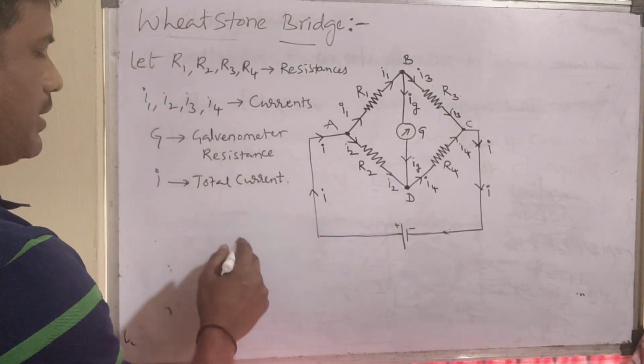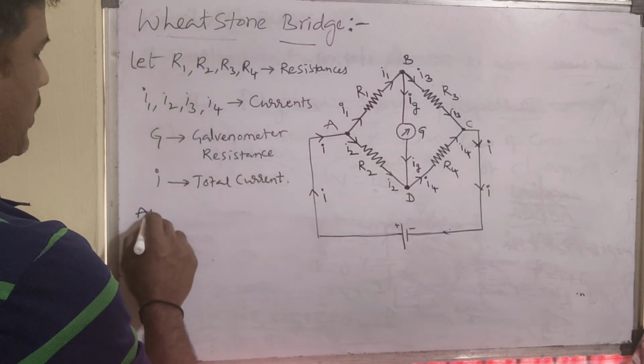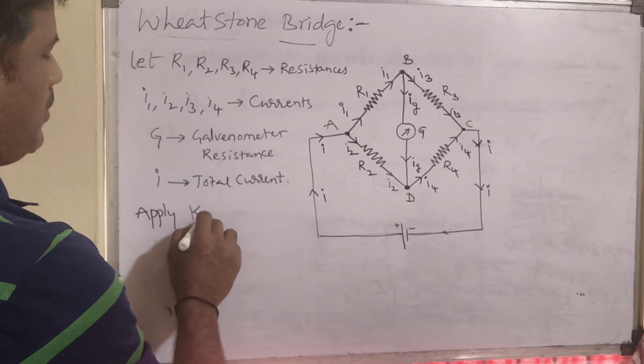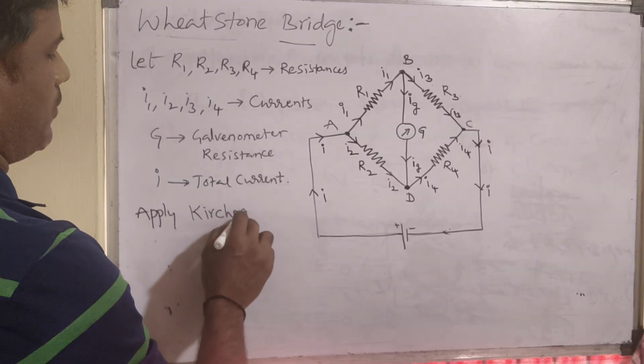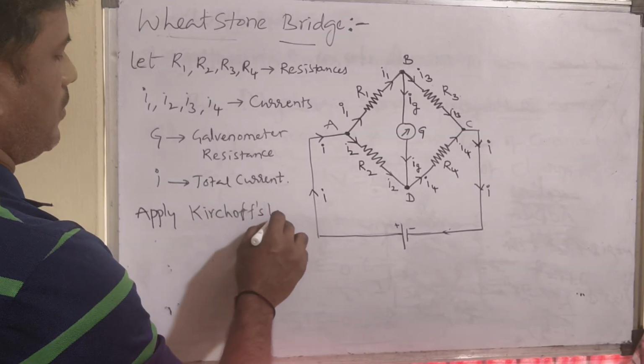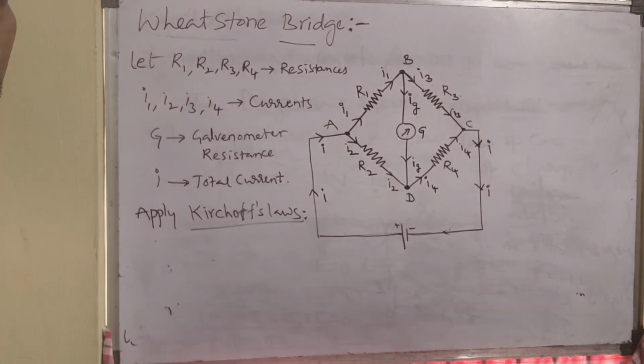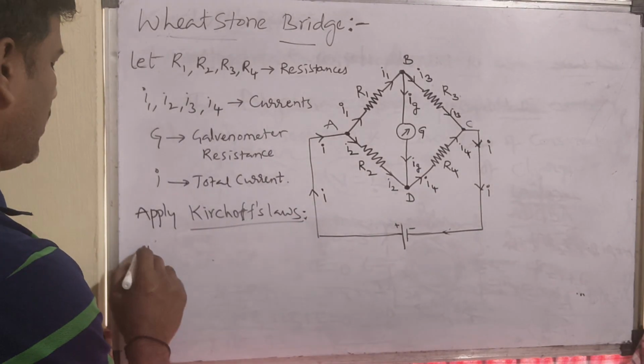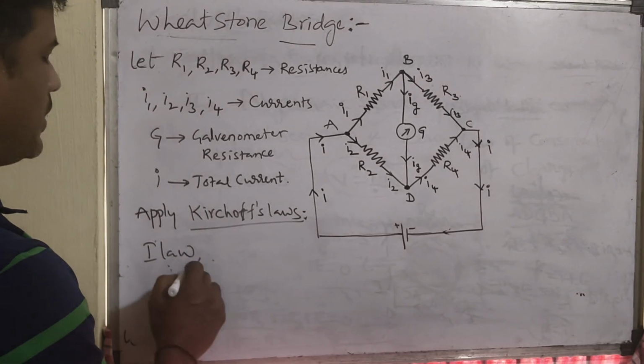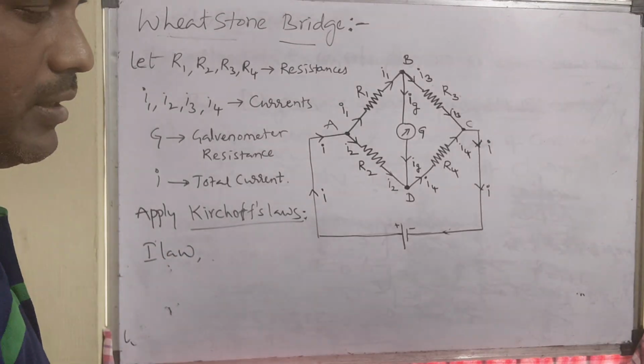Two junctions and the next loops: apply Kirchhoff's laws. First we should apply the first law, the junction law.